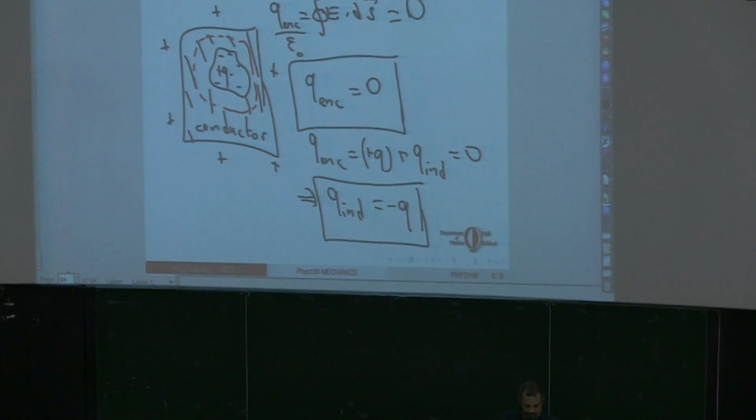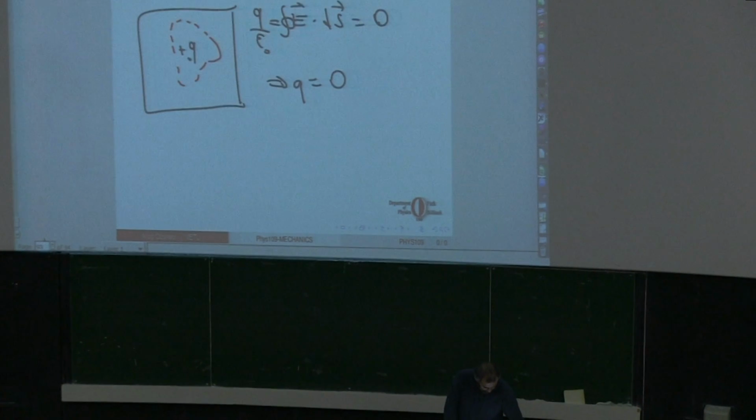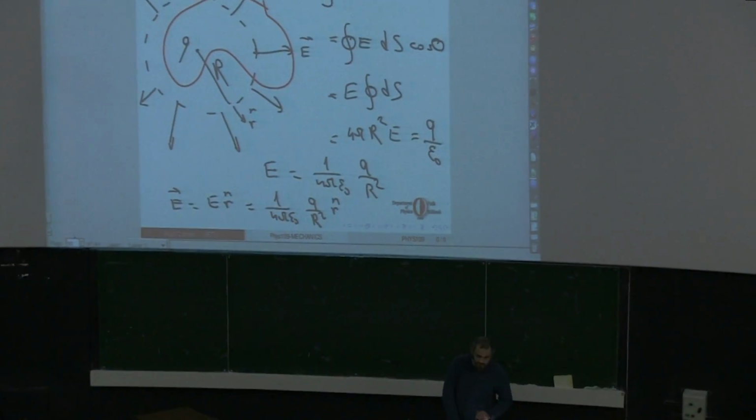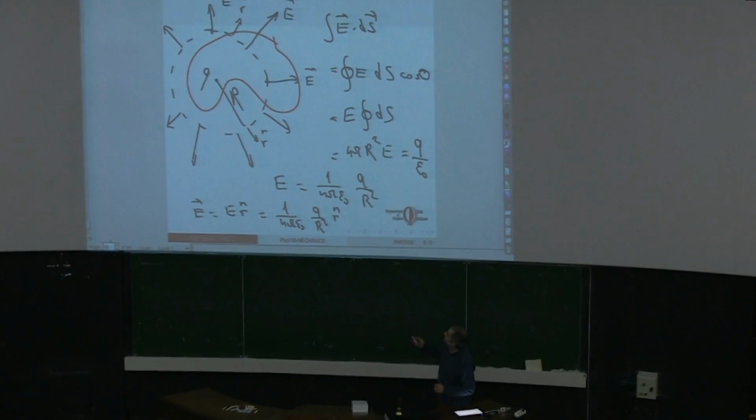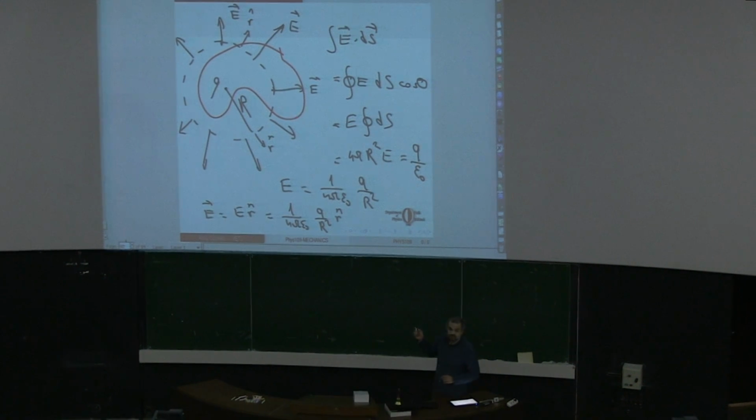Questions? Nothing will change. E dot dS will still be Q over epsilon 0. And it will still be valid, but I will not be able to extract the electric field using that surface.